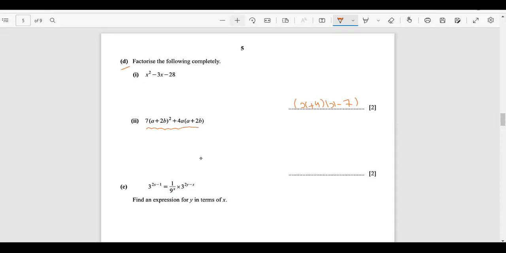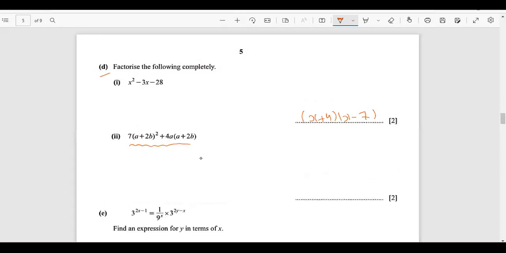Okay. Now, for factorizing this, you don't have to expand this first and then factorize it because that would take too much time. I can already see that this term and this term are already coming in common. So I can take a plus 2b out and I would be left with 7 into a plus 2b plus 4a.